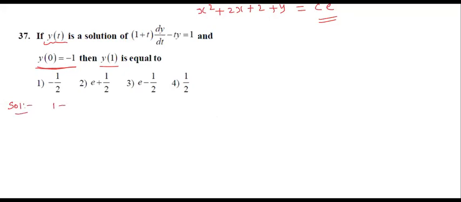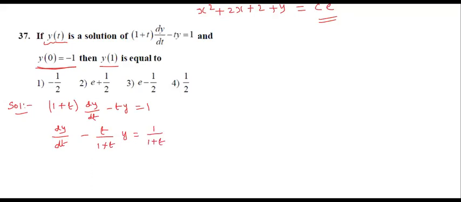So 1 plus t into dy by dt minus ty is equal to 1. Divide both sides by 1 plus t: dy by dt minus t by 1 plus t into y is equal to 1 by 1 plus t.